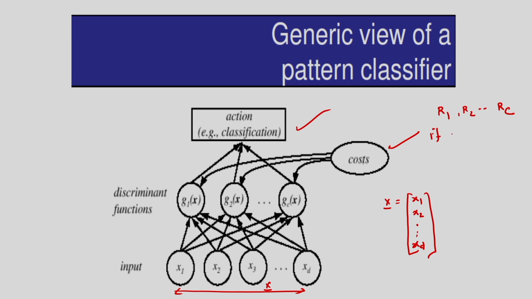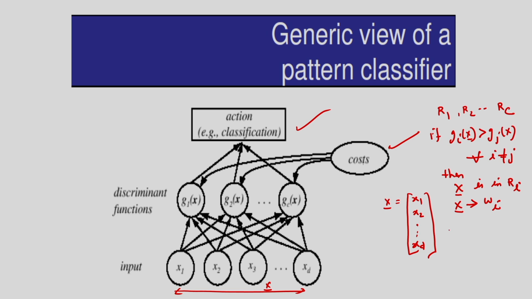And if Gi(x) is greater than Gj(x) for i not equal to j, then x is in the region Ri. That means x is assigned to the class Wi. So that is the decision rule.